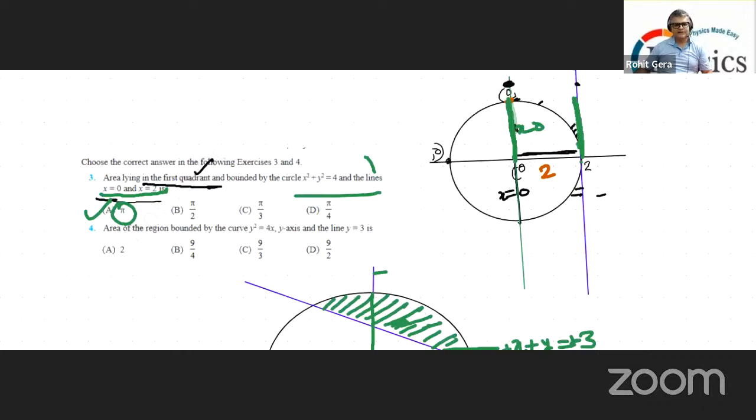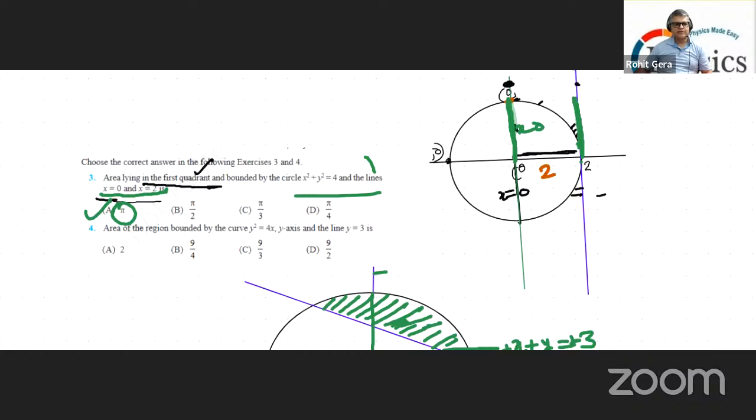What is the answer given? Let us see. For the first one, this is chapter number 8. Let me just see chapter number 7.5, 7.6, 7.7, 7.8, 7.9, 7.10.